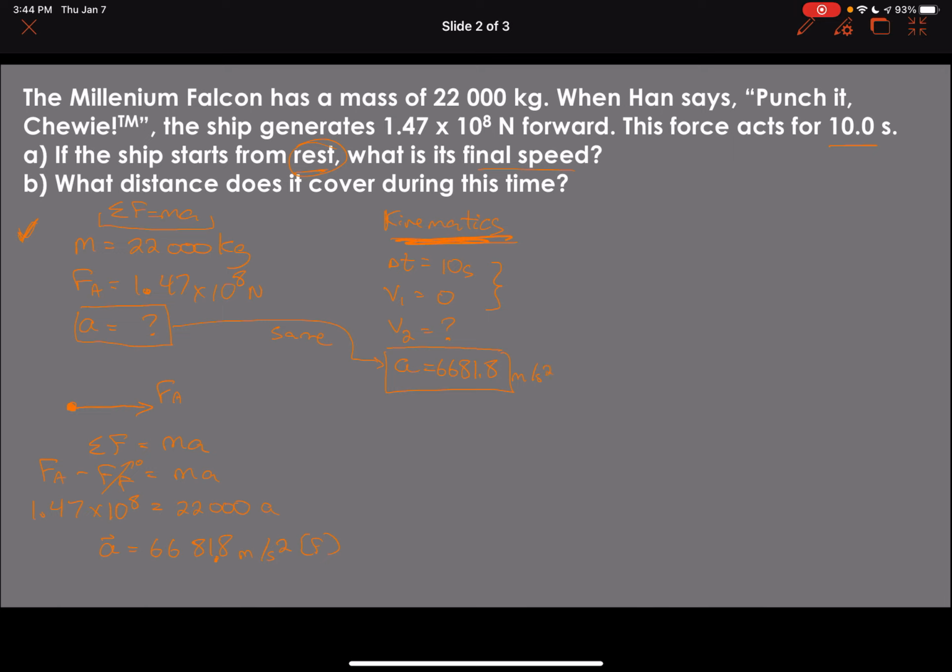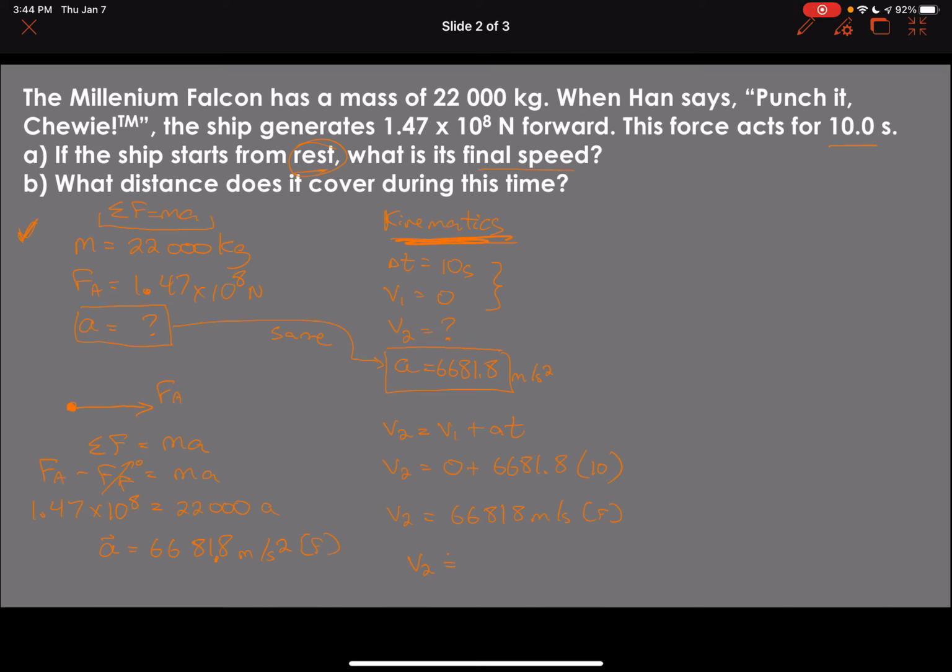Now we can use kinematics information. So now I could use this equation, for example. We're looking for V2. V1 is 0. This number, 6681.8, times a time of 10 seconds. V2 is 66818 meters per second. Again, forwards for velocity. They just ask for speed.